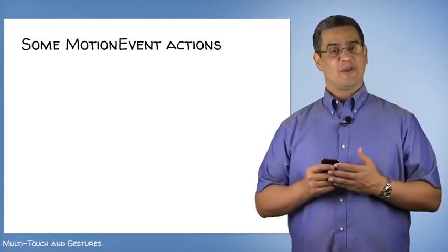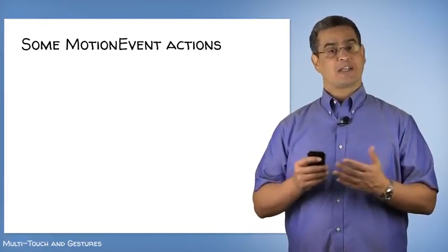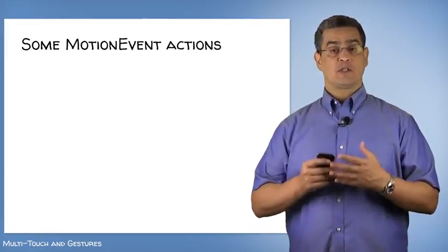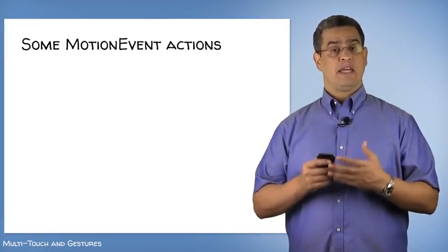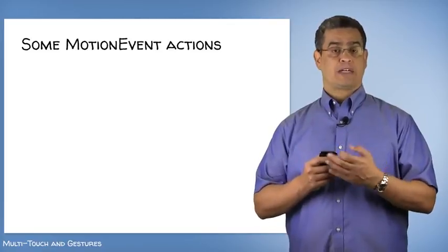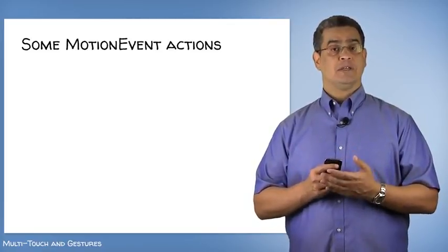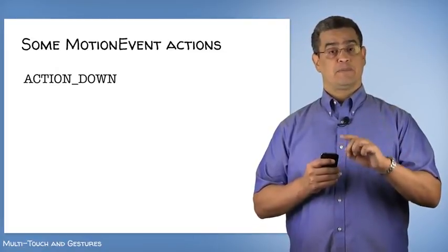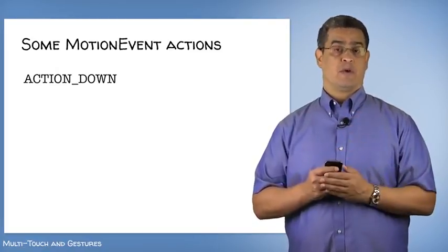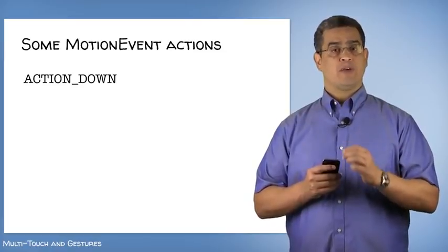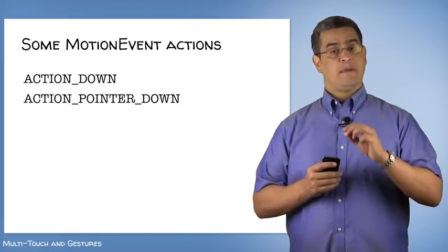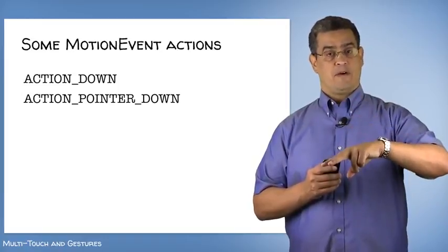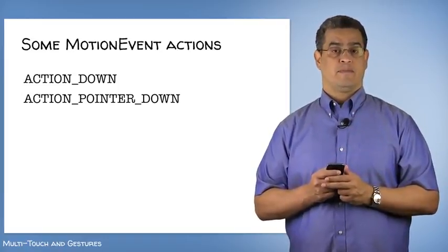Now, as I said earlier, motion events have an action code. When a gesture begins, motion events will be created, and they will contain some of the following action codes. Action down, which indicates that a first finger has started touching the screen. Action pointer down. That means that we've already had an action down, and now we have another finger that has started touching the screen.